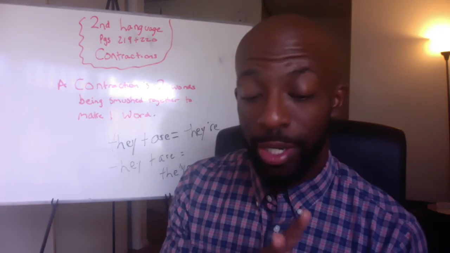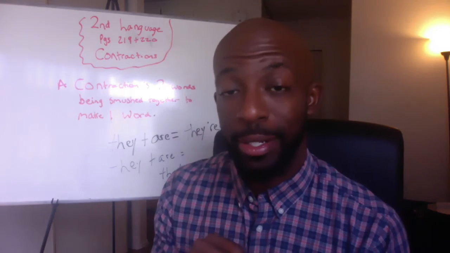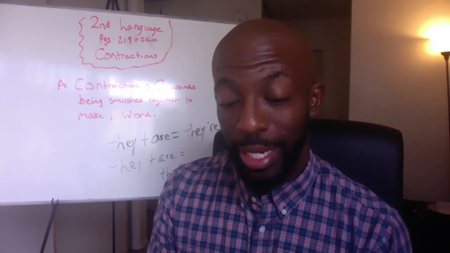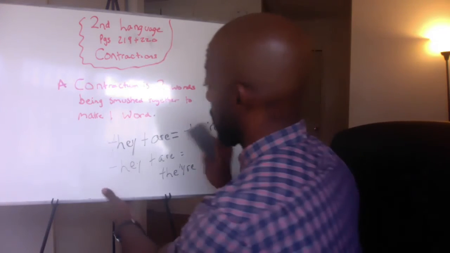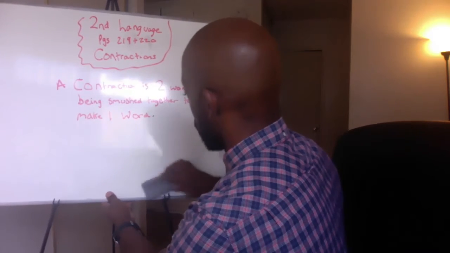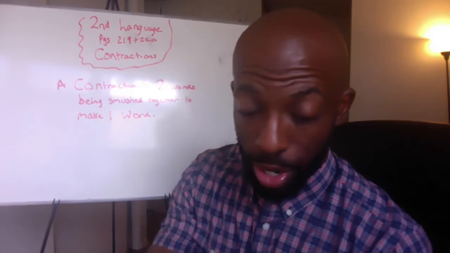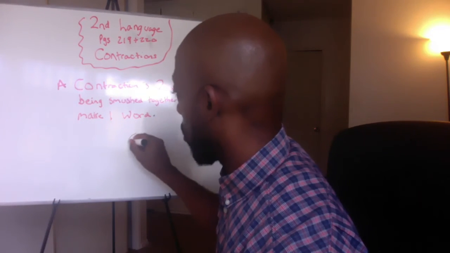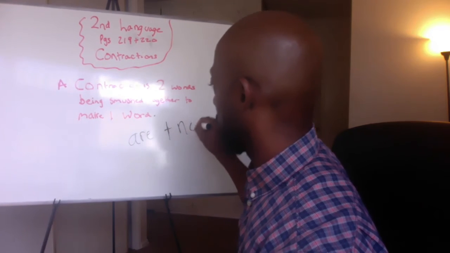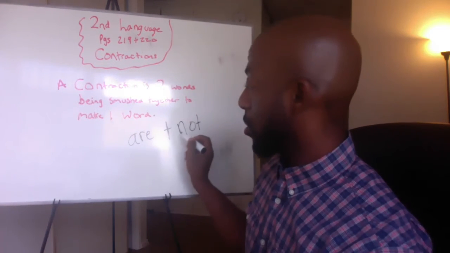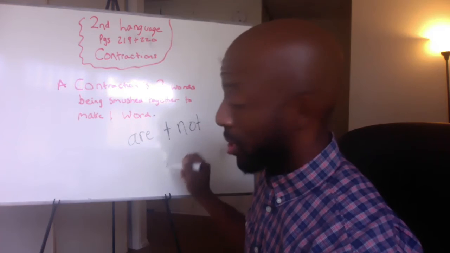The two words in there are supposed to be are not. So the children aren't here today. I don't know if that's written correctly. So let's look at it, all right? We have the word aren't, okay? But the aren't comes from are plus not. So usually you're going to take the last two letters or just the last letter.